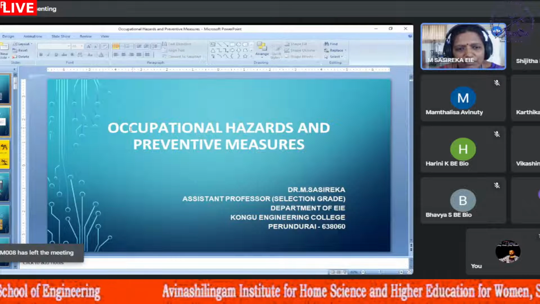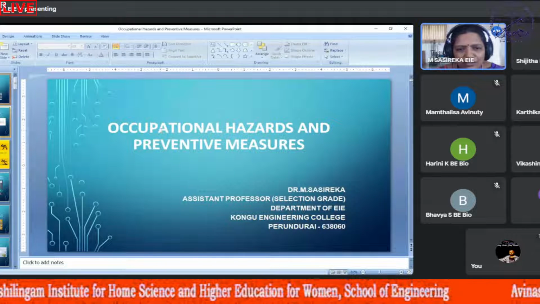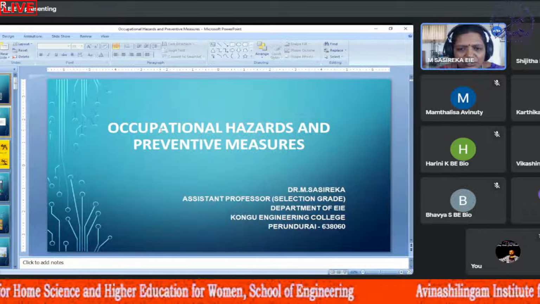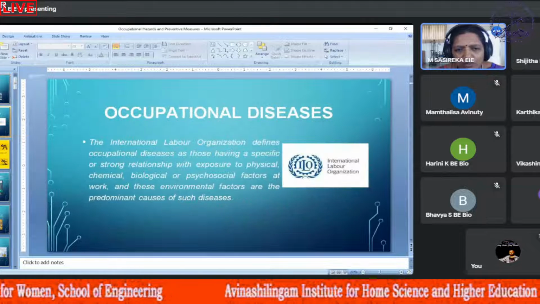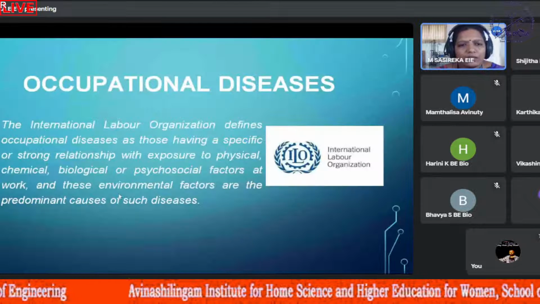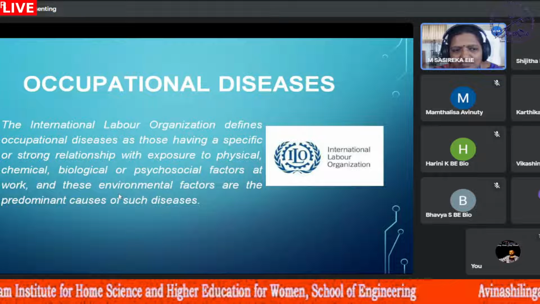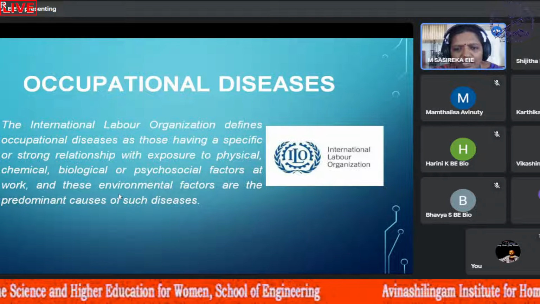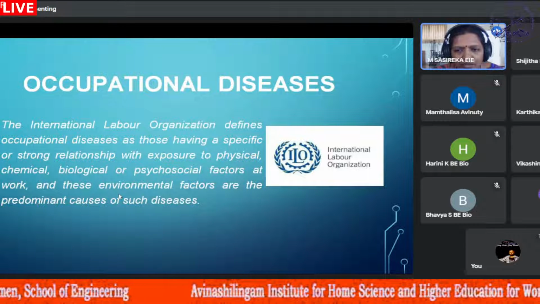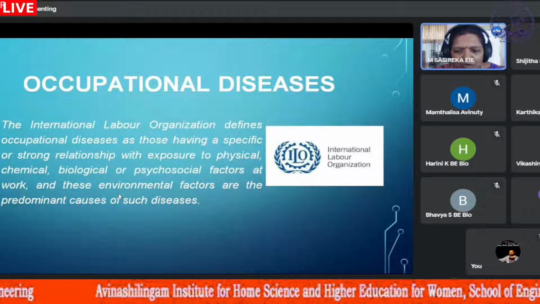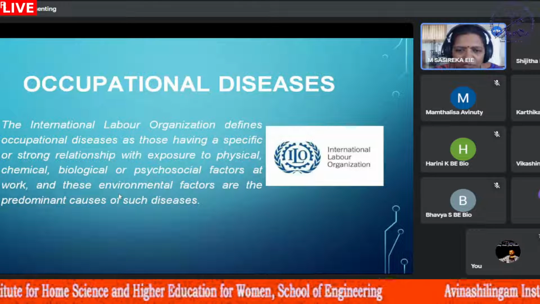Normally, this is a major issue we are facing nowadays, occupational hazards. This is about diseases due to the working environment. So that is called occupational hazards. Let us see what is meant by occupational diseases. Depending upon our occupation, that is our work environment, either physical or chemical, we will be exposed to certain environmental conditions continuously, so that it creates some effects on our human body.